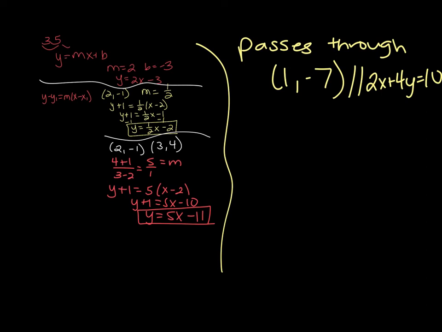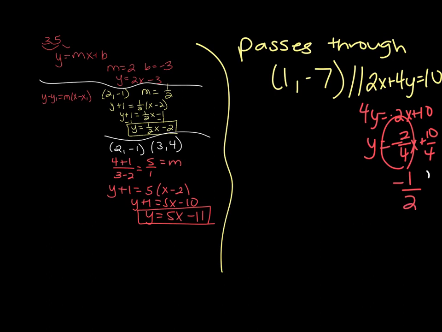If it's parallel, I don't need to flip it, right? If you flip it, it's not parallel, it's perpendicular. So isolate the y on the second one, right? So I'd get 4y equals -2x plus 10. Divide by 4. So I get -2 over 4 x plus 10 over 4. All I'm worried about is the slope. -2/4 is the same thing as what? -1/2.